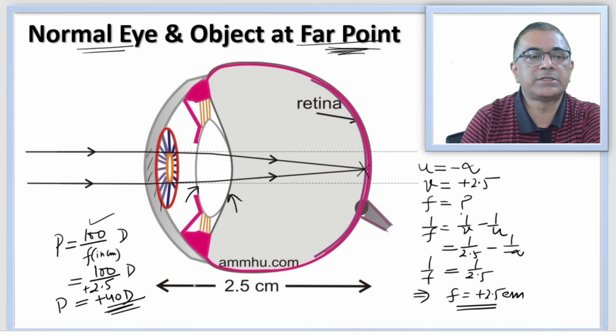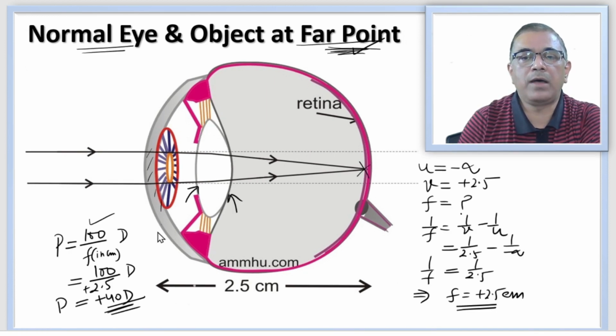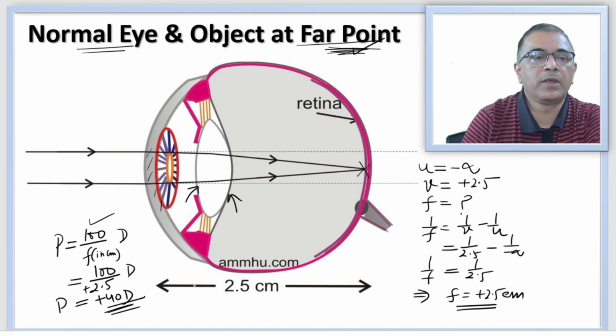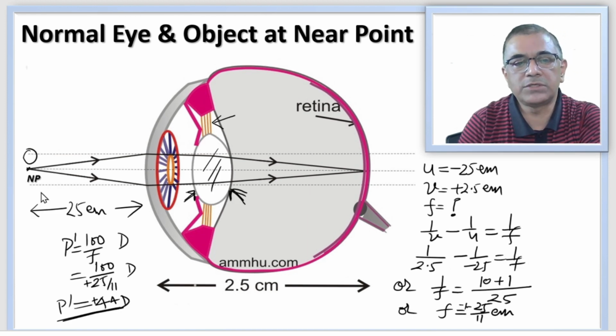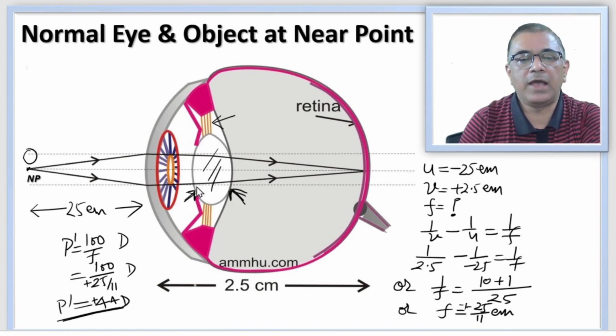So in the two extreme situations, when the object is at the far point, the power of the eye lens is plus 40 diopter, and when the object is brought closer to the near point, the power of the eye lens system happens to be 44 diopter.